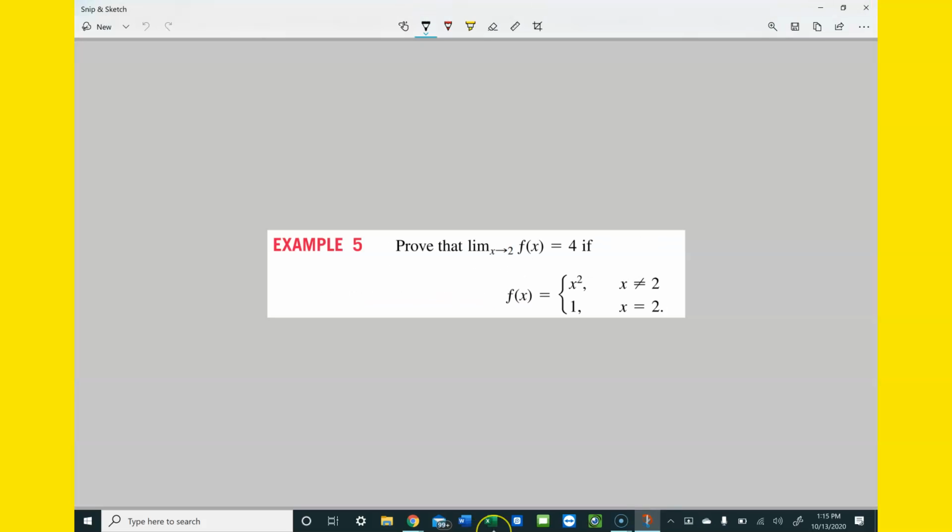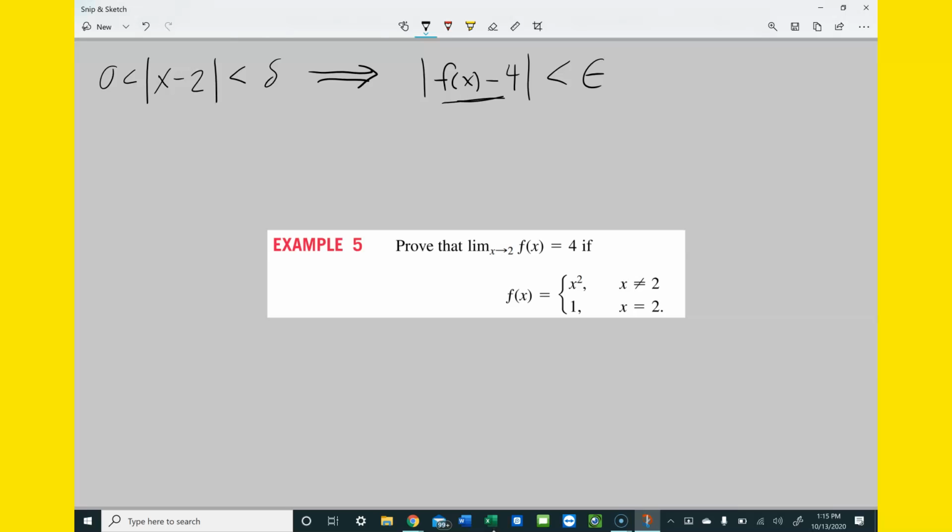I kind of have to start this way. I don't know why, but I kind of always have to start with this definition. Okay, so I'm going to start with this guy.